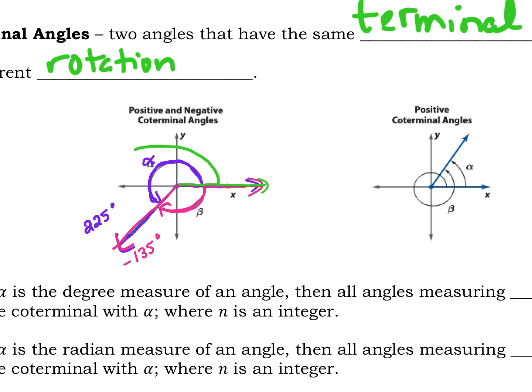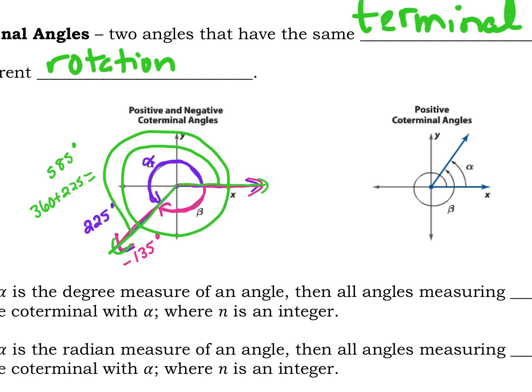If we rotate all the way around, so 360 plus this amount more, and stop there, what would that angle be? 360 plus 225 is 585 degrees. So all of those angles, this 585, this 225, this negative 135, are all coterminal. Starting in the same position, we are rotating in a little bit different way, and then we are getting to that same stopping point, okay?